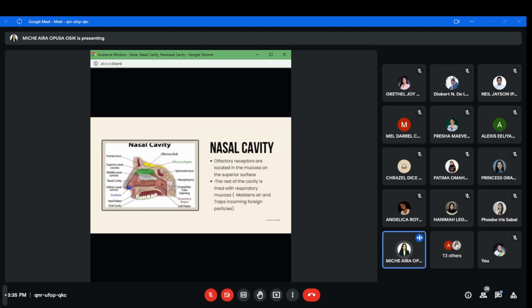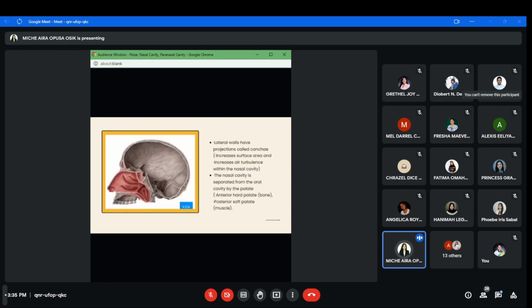So the rest of the cavity is lined with respiratory mucosa, which moistens the air and traps incoming foreign particles. The lateral wall has projections called conchae, which increase the surface area and increase air turbulence within the nasal cavity.